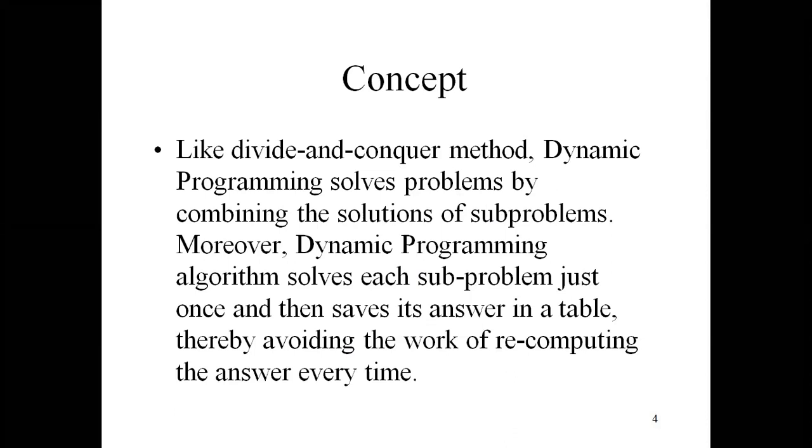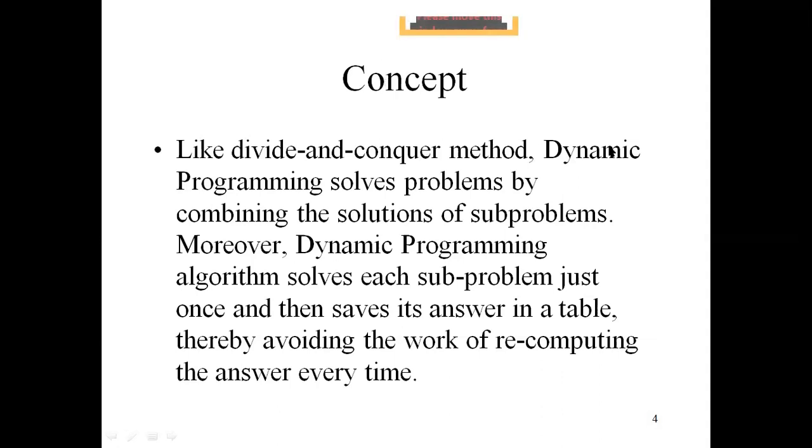That means after finding the solution to each subproblem, we combine these solutions to get the solution to the original problem. So like divide and conquer, dynamic programming combines the solutions of subproblems to get the solution to the original problem.